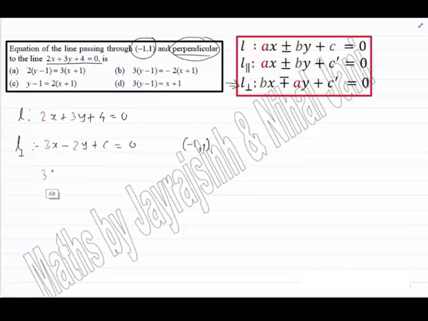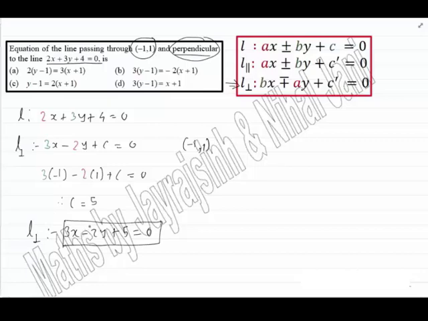So here we will get 3 into minus 1 minus 2 into 1 plus c is equal to 0. So we can say c will be 5. Okay, so our required perpendicular line is 3x minus 2y plus c, or we can say 5, is equal to 0.